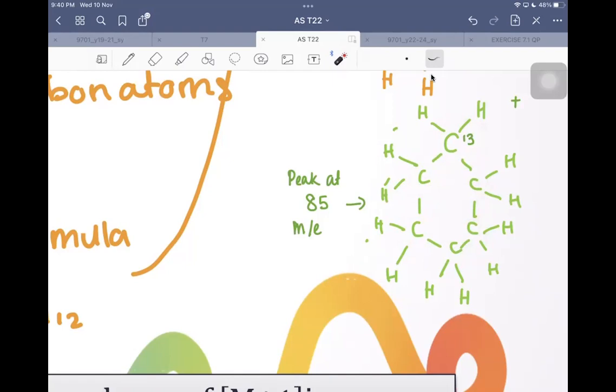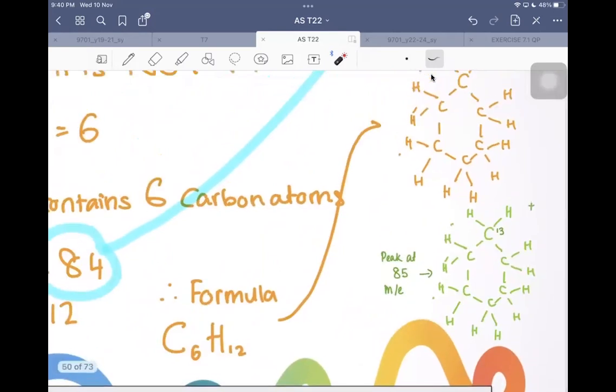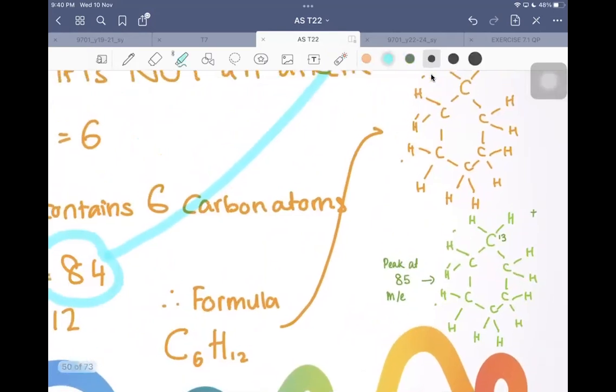So I've got 85, okay? So the reason for that one unit is carbon 13. One of the carbons in the cyclohexane is made up of carbon 13 and not carbon 12.